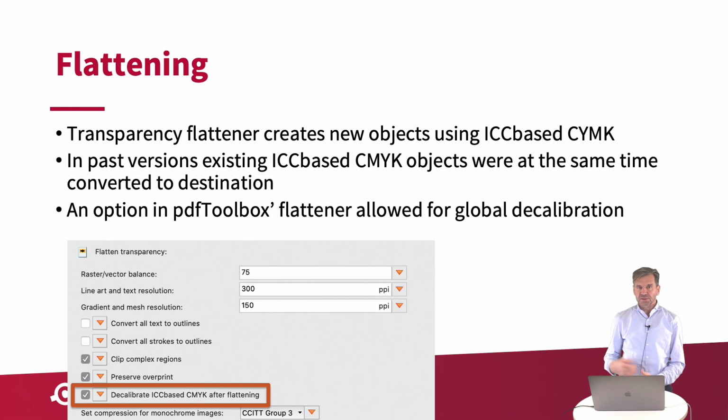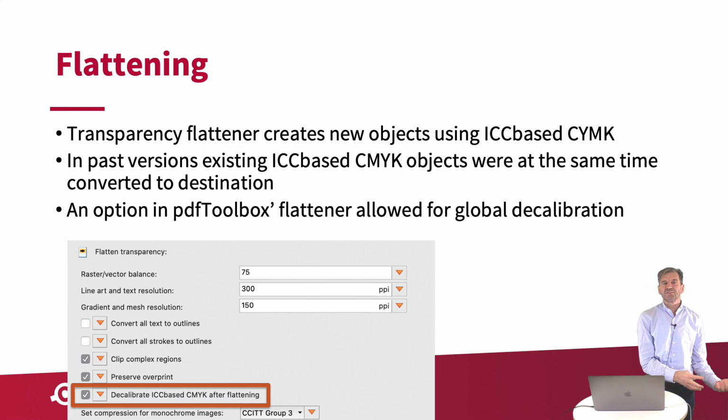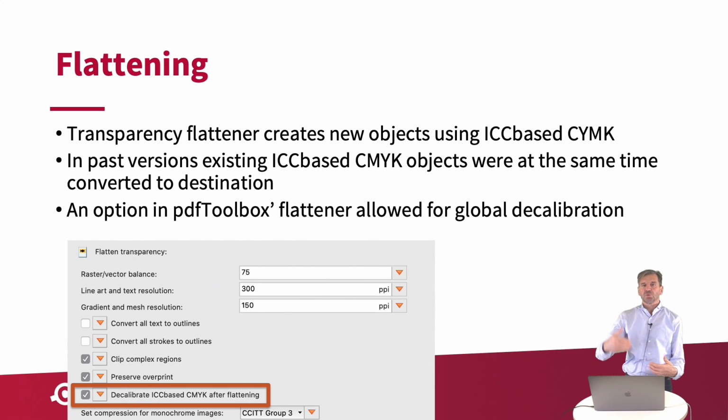Up until the recent version of the Adobe PDF library, it was possible to just globally decalibrate all ICC-based CMYK objects, because the transparency flattener at the same time had the habit to color convert any other ICC-based CMYK object on the same page into their destination color space.